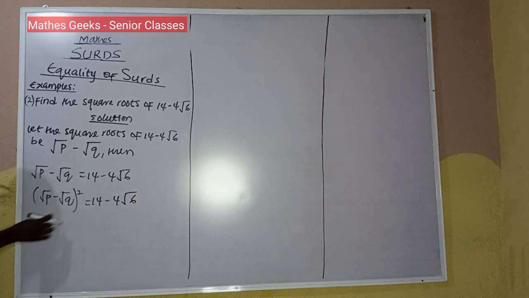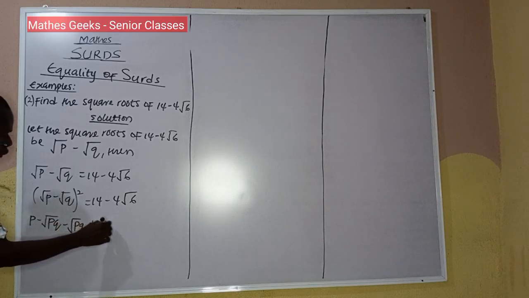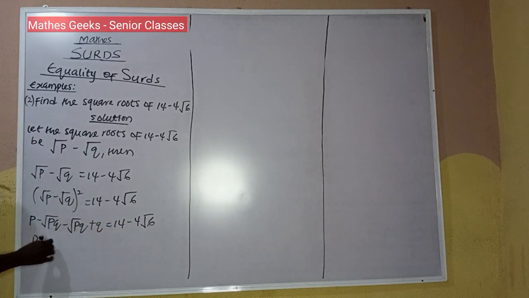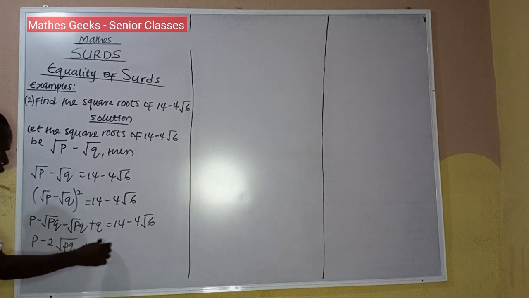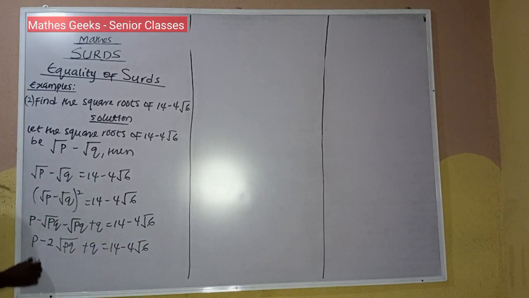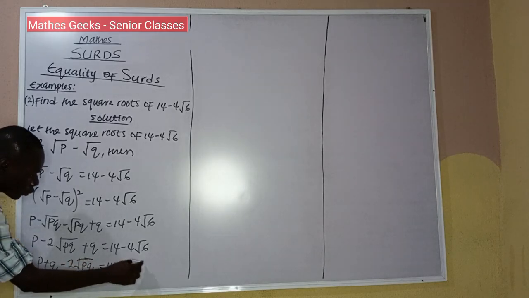So we expand this, and we're going to have p minus root pq minus root pq plus q equals 14 minus 4 root 6. So p minus 2 root pq plus q is equal to 14 minus 4 root 6, and then p plus q minus 2 root pq is equal to 14 minus 4 root 6.